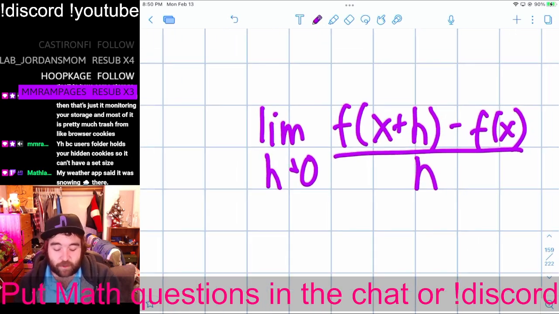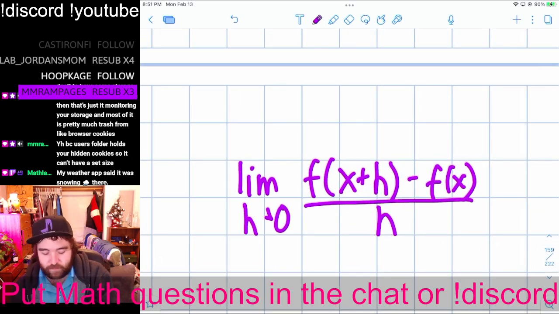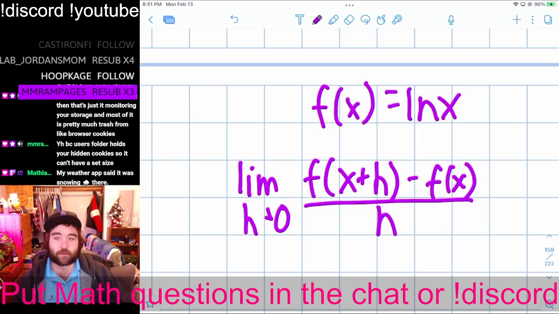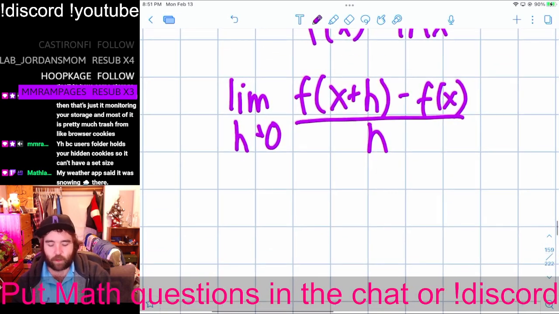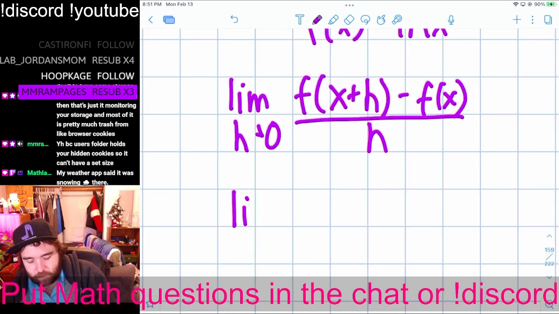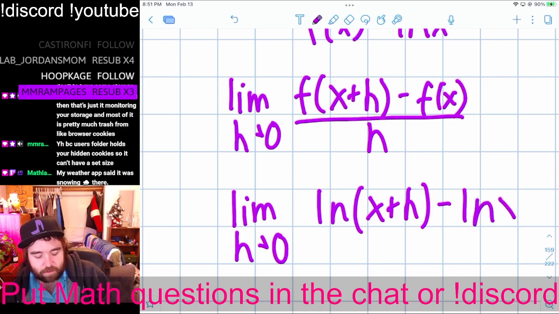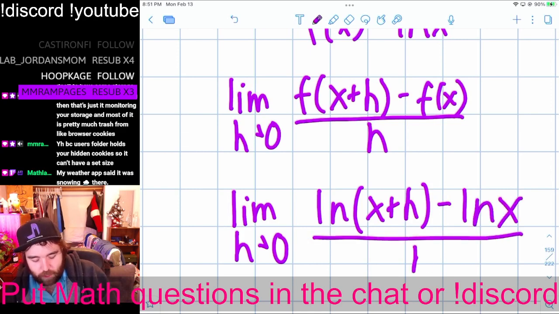That's just your limit definition of a derivative, right? I think if we're proving a derivative, we should always start there. And in this case, we're trying to take the derivative of the ln of x. So let's do the substitution. So the limit as h approaches 0 of the ln of x plus h minus the ln of x over h.